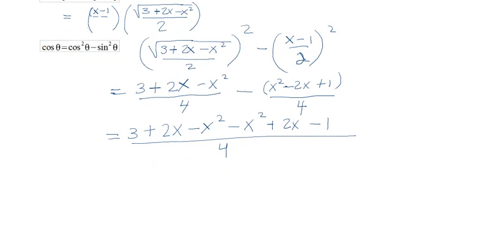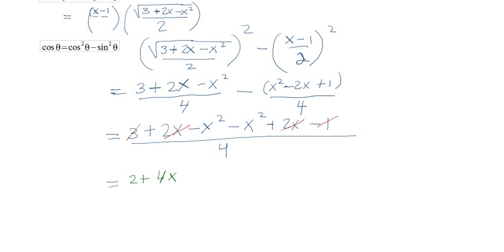So now we're going to simplify this one. I'm going to use a red one to cross them out because we have quite a few. So we have a 3 and we have a minus 1. So I'm going to have a 2 here. Now I'm going to do the x's. I have a 2 and I have a 2, so now I have plus 4x.